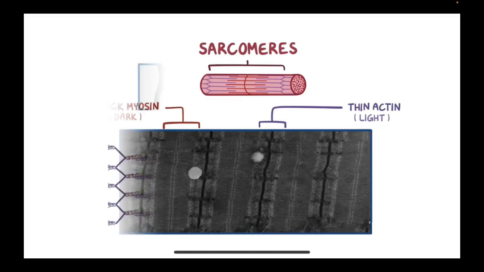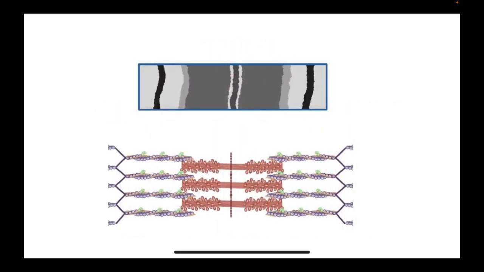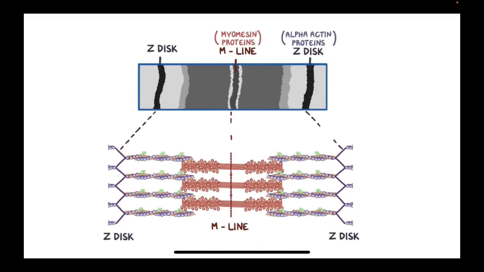If we zoom in and see the different zones, at the center of the sarcomere there is the M line, made up of myosin protein, where the thick filaments are attached. The borders of these sarcomeres have the Z lines, where the alpha actinin proteins, to which the thin filaments are attached, are found.